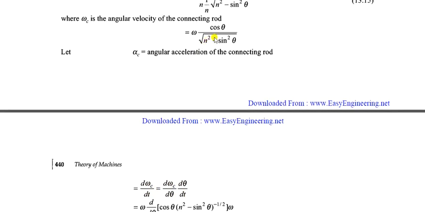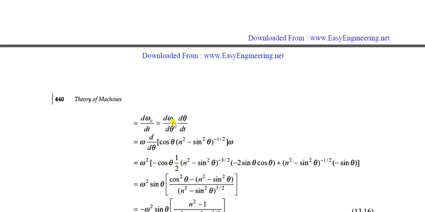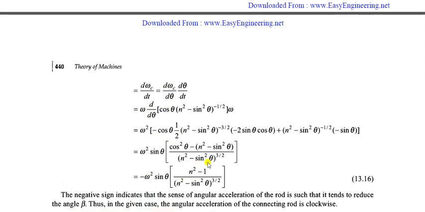So here we should write d omega c by dt as d omega c by d theta into d theta by dt, so that we can differentiate directly with respect to theta. d theta by dt is omega, and d by d theta of omega c is this one. Now when you differentiate, you will get this relation.